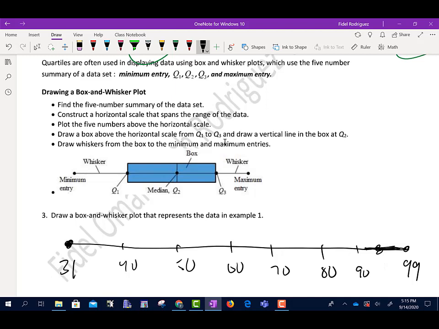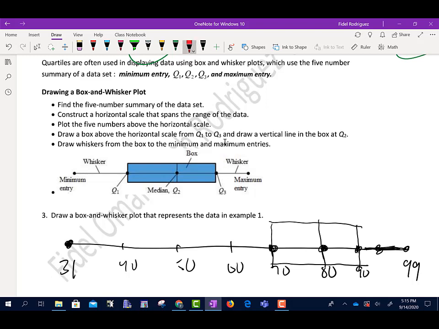Okay, so my Q1 is going to have a box. It's going to be a line going down like that. We're going to have another line like this, another line like this, one like this, one over here. I'll put dots here, and dots here.